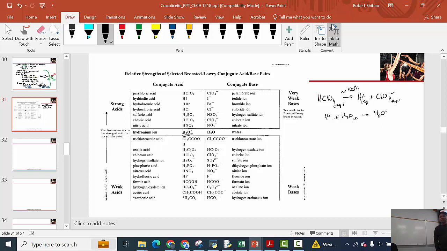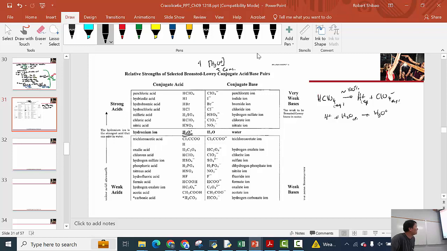We can easily measure this by a pH meter. A pH meter measures the hydronium content in a solution. The square brackets mean concentration.